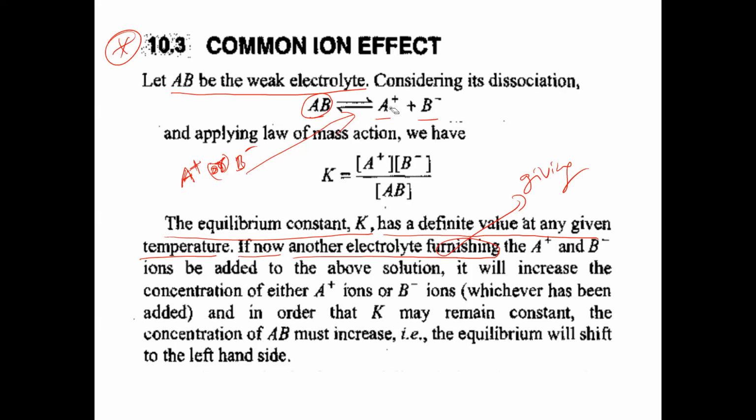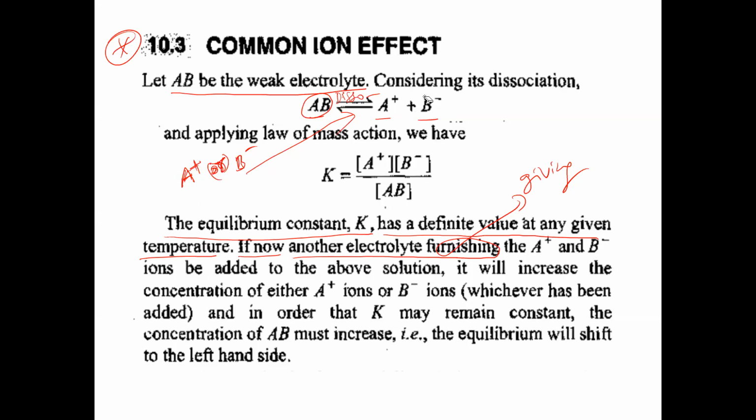If you add any product, the backward reaction takes place, which means the dissociation of AB will decrease. In the forward direction, the dissociation of AB is going on. So here, when we add any common ion, what is common here? A plus is common with A plus here, B minus is common with B minus here.